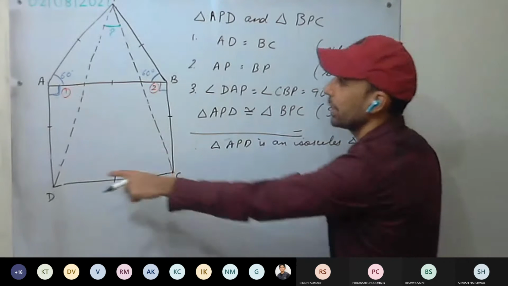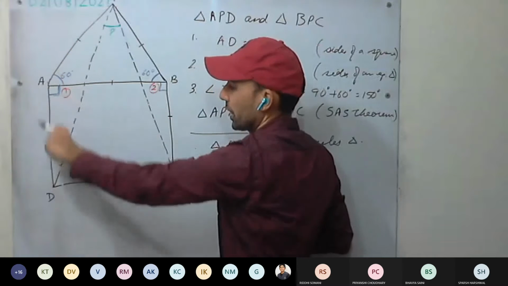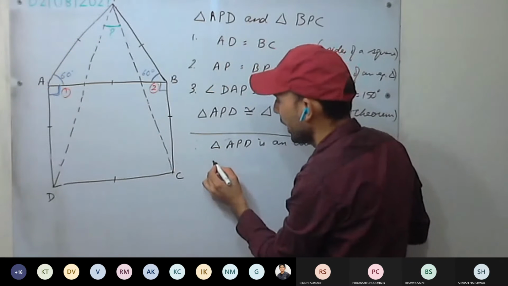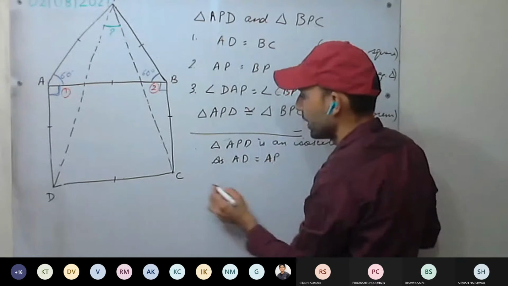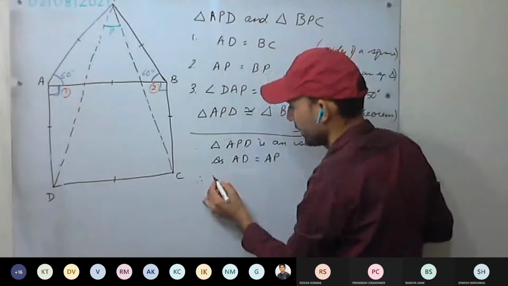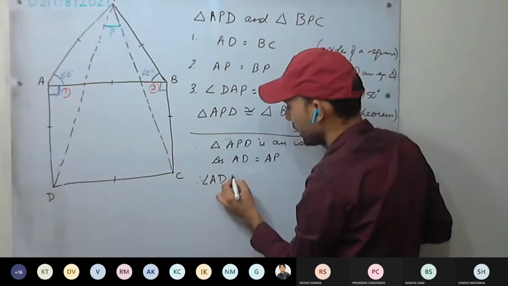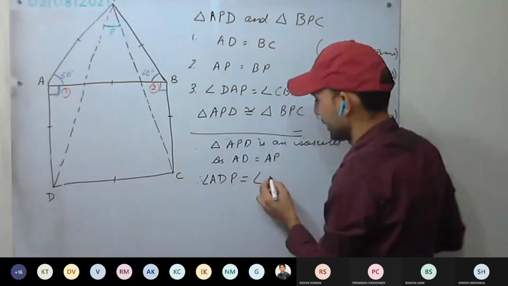The reason you already know: AD equal to AP. As AD equal to AP, therefore, which angles will be equal? Angle ADP will be equal to angle APD.